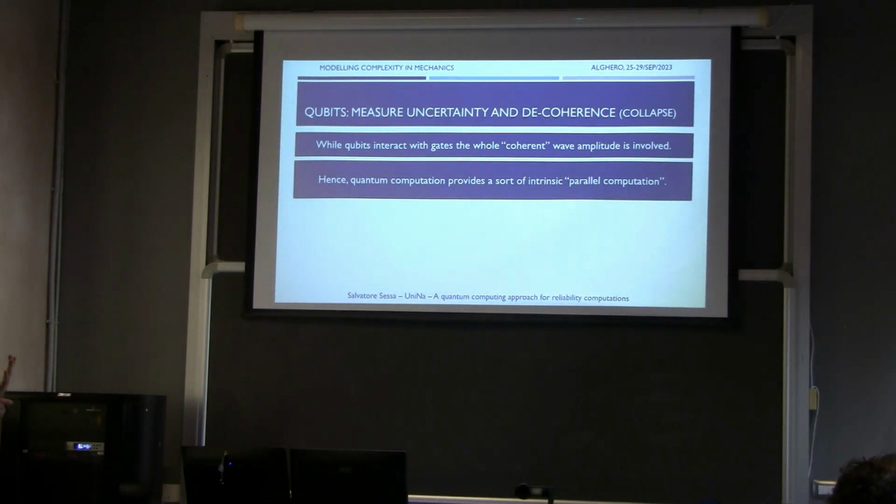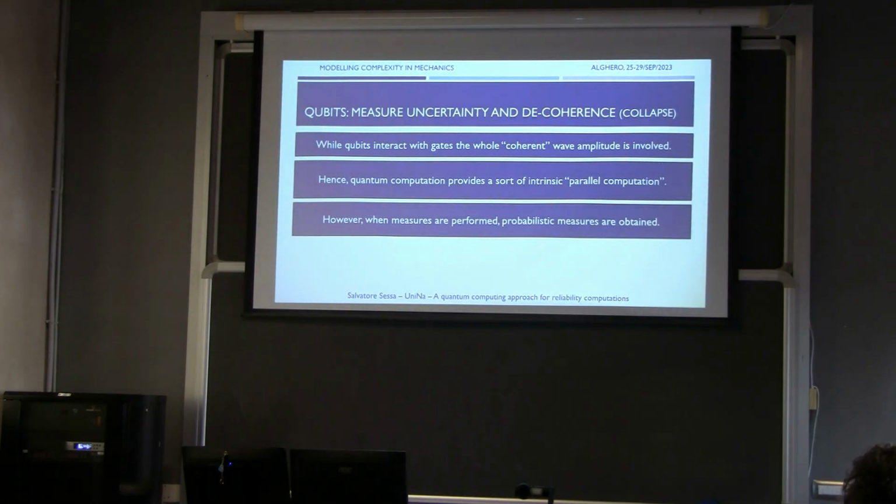In this case, quantum computation can be considered as a sort of intrinsic parallel computation, and this is a very common interpretation of it in the current state of the art. However, when measures are performed, the quantum computer provides us the probability to get 0 or 1, so it already provides some probabilistic information.